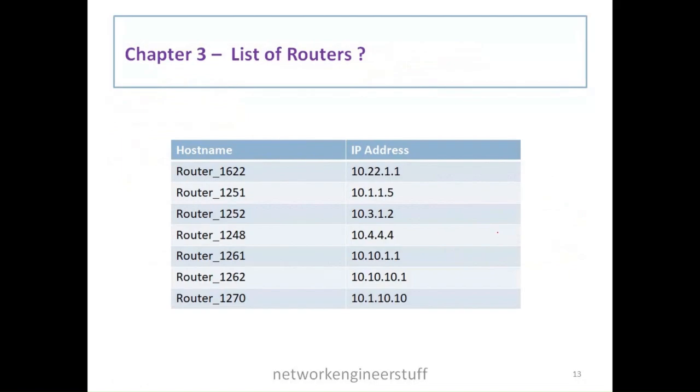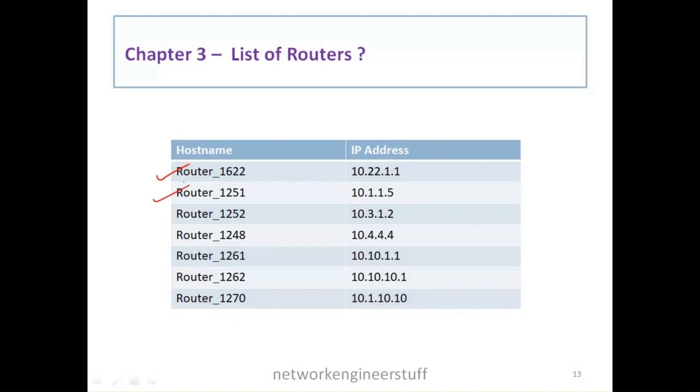So this is a list of the routers which Kapil has to configure. The configuration has already been reviewed by the senior. So Kapil doesn't have to review any configuration as such. He has to just copy the configuration and paste it on the routers. So what Kapil did was he configured this router. He copied the configuration, and whatever pre-checks and post-checks were needed, he did everything, and he's done with the configuration of this router.